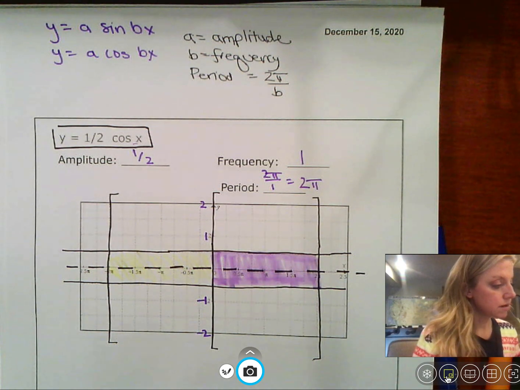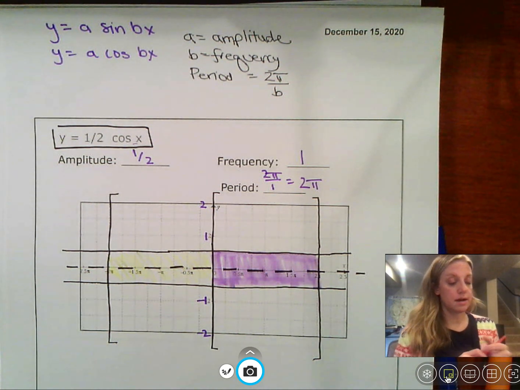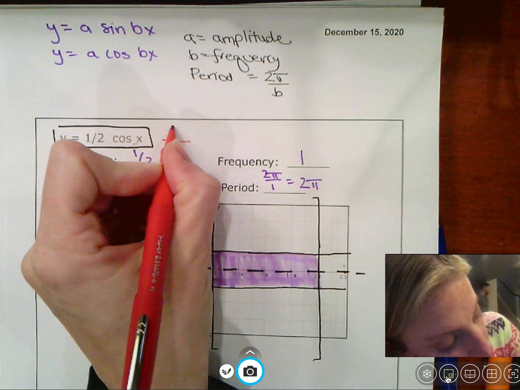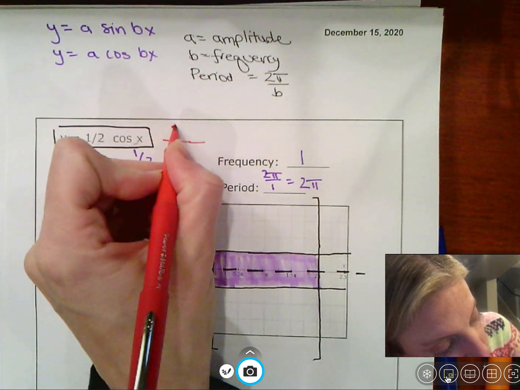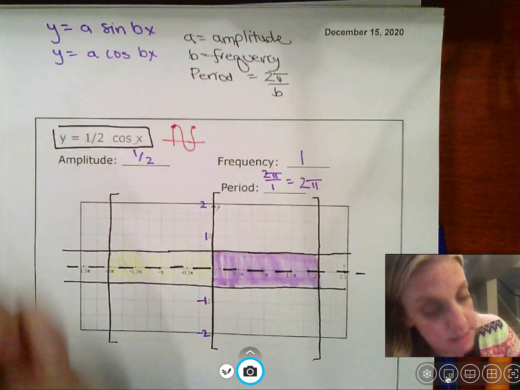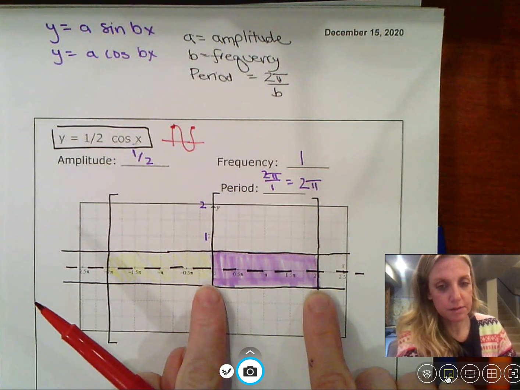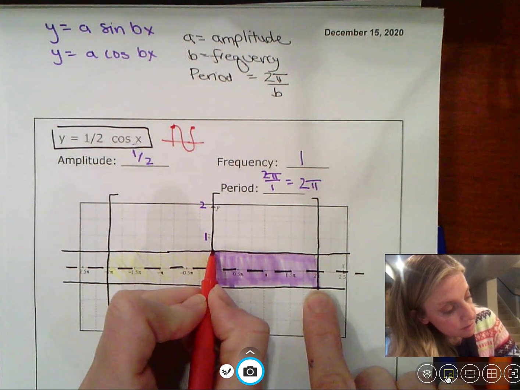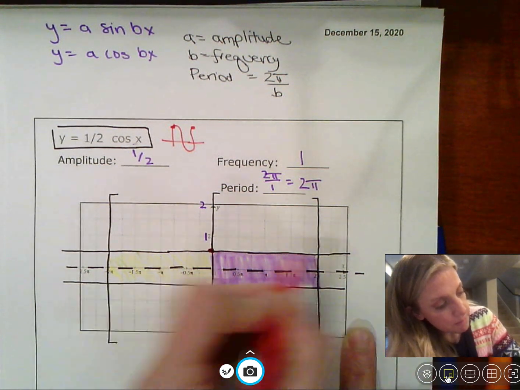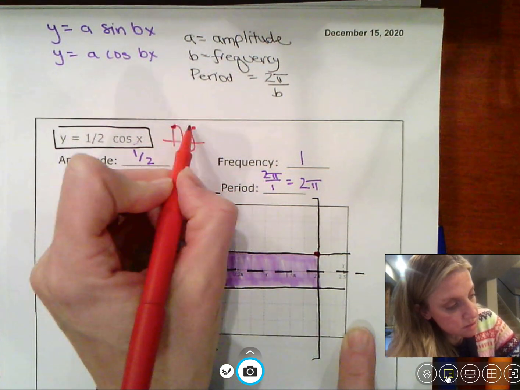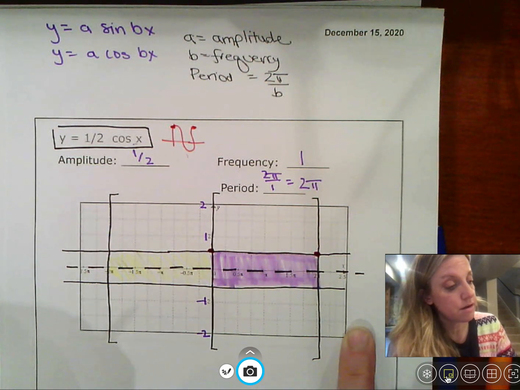Okay, so now I'm ready to start plotting my points. If I think of the cosine parent graph, remember cosine is that U shape, starting up and ending up. On the corners of our building, they're going to start up at 1 and end up at 1. Those are these two points on our cosine graph.